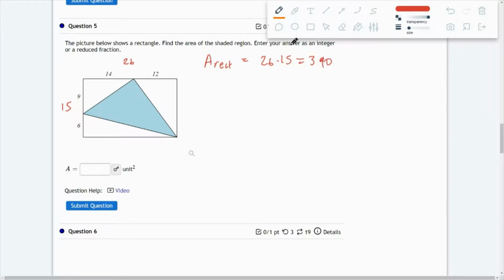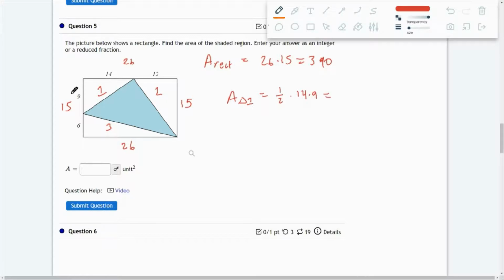Now, I'm going to split up my triangles into numbered triangles. I'll call this triangle 1, triangle 2, triangle 3. The base on the bottom matches up with the top because it's a rectangle, so that means this is 26. And the height also matches on the left side, so the height is 15 for that triangle. Excuse me, for the first triangle I have my base is 14 and my height is 9, so 1/2 times 14 times 9.